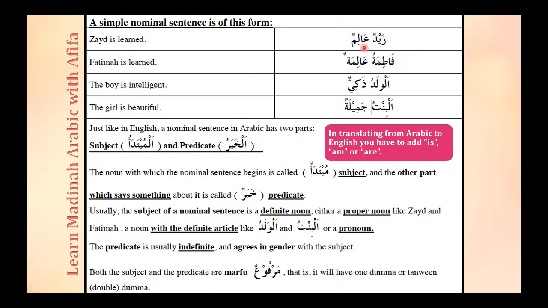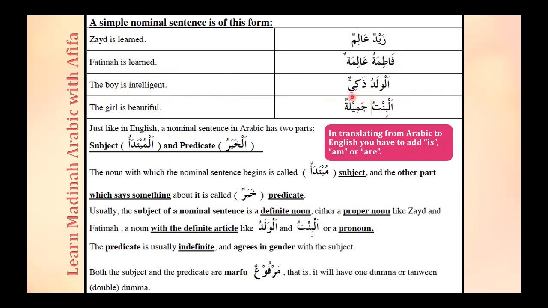Zayed is learned. Zayidun alimun. Look at this sentence. Fatimatu alimatun. What do you have to do? You have to put in this is here. Fatima is learned. Okay. Next. Al-waladu dhakiyun. The boy is, here you go, is your is, intelligent.